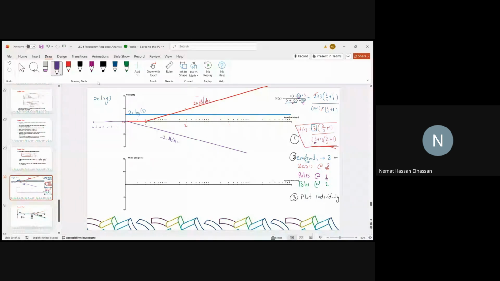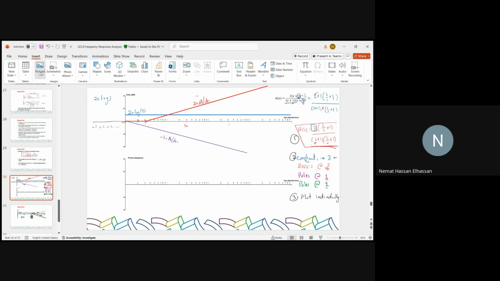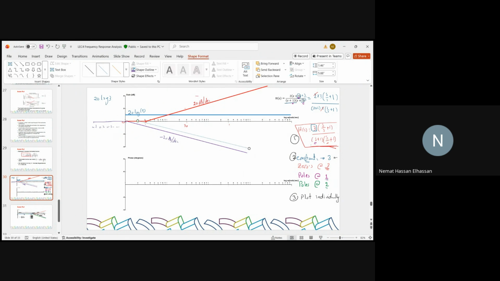And then we plot the final pole, the same way. The break frequency here is at 2, so this is 2. So we'll have a straight line with the same slope of 20 decibels per decade, but it will be dropping.